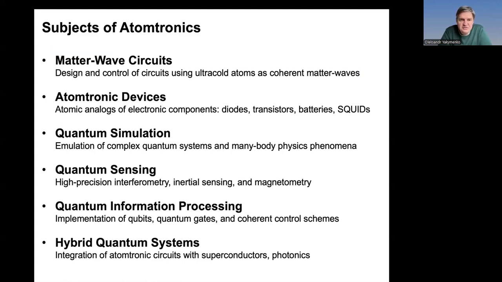One is the formation of so-called matter wave circuits. They allow us to form basic elements which can be used to transport, to make interference, and to design more complicated systems, devices which could be useful for different applications.